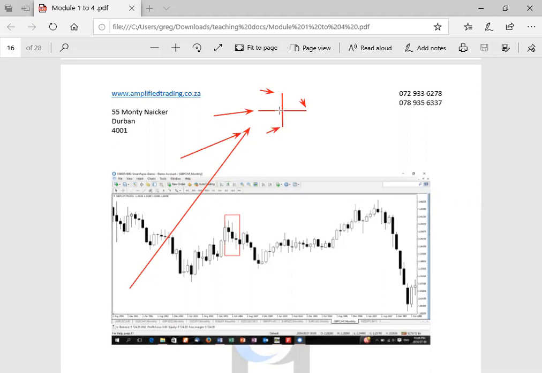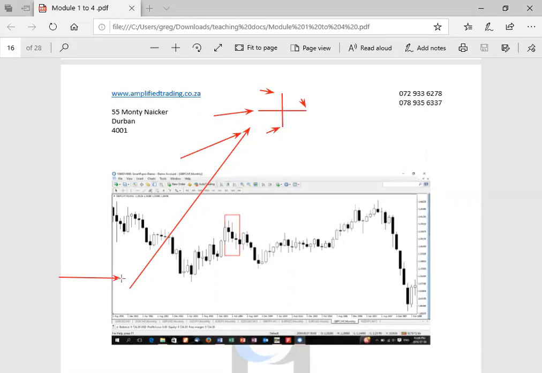Because what you need to remember is when you open an order, you go to a platform, you place a new order, what you're doing is actually buying something. When you click buy, you're actually buying something, right? Although you don't get physical possession of it, you buy $1,000 or you buy 10,000 US dollars.